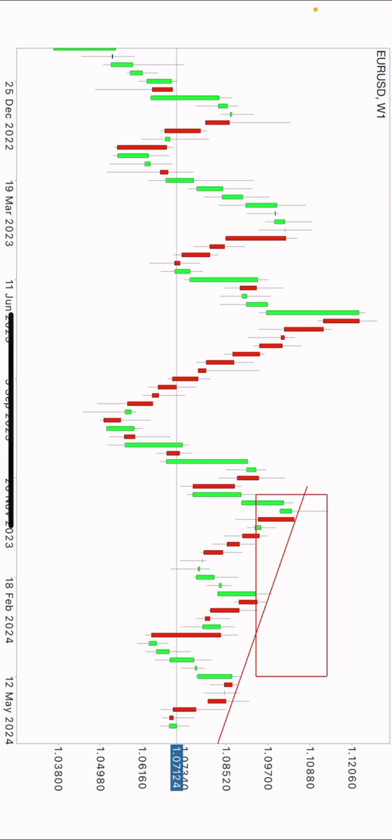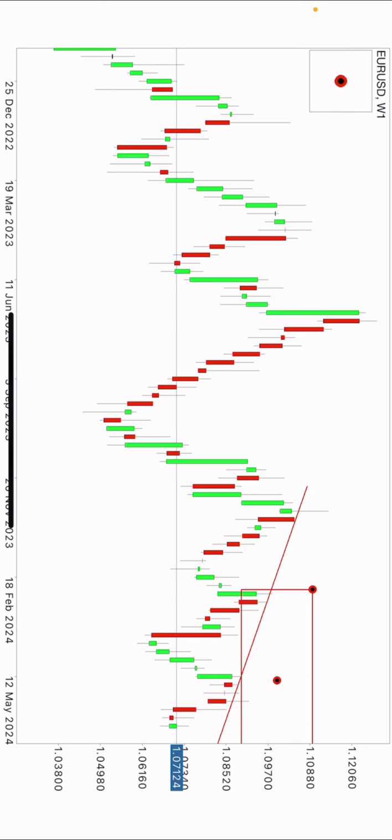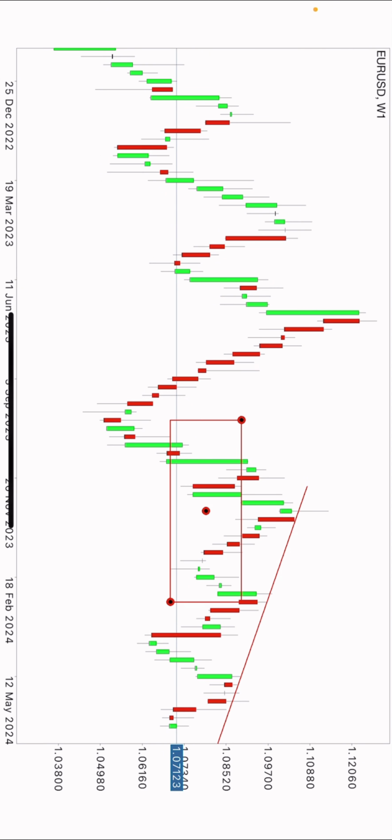So it now becomes a confluence strategy where you don't just look at one thing, you look at multiple things that support your analysis. Here you'll be taking a trade right there, going down. And guys, that is the exact strategy that me and my team use to trade the market.